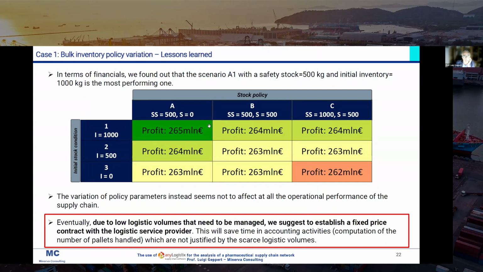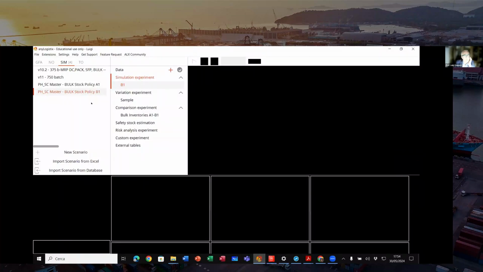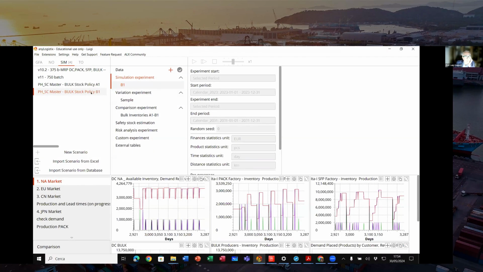In terms of the best scenario, B1 is this one that I'm going to indicate here. It is the baseline scenario, and the best one that we identify in terms of profit is the A1 scenario. Let me show the example by using anyLogistix, where you can see this is the scenario B1, which is the baseline scenario.